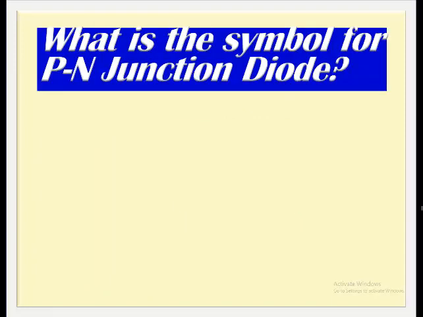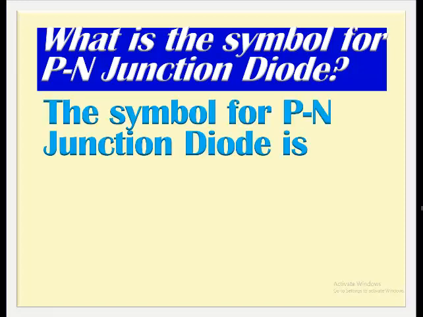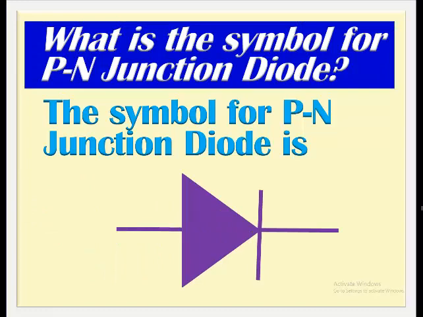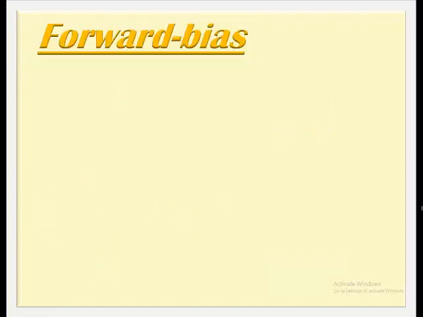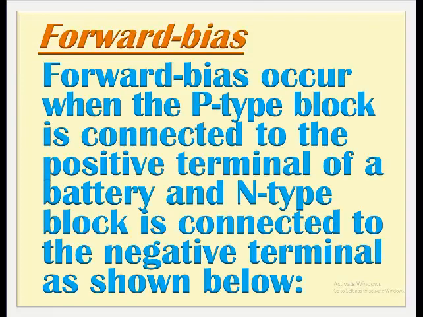What is the symbol for P-N junction diode? The symbol for P-N junction diode is shown. Forward bias. Forward bias occurs when the P-type block is connected to the positive terminal of a battery, and the N-type block is connected to the negative terminal as shown below.